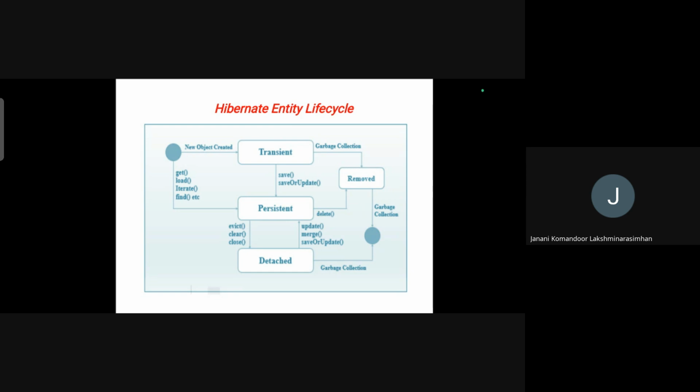From detached state, it may again go back to the persistent stage. From persistent stage, it may be garbage collected and removed. So these are the possible stages through which an object moves. So this constitutes the entity life cycle.